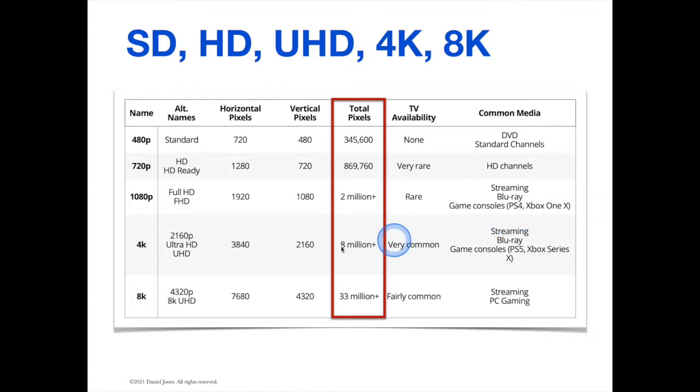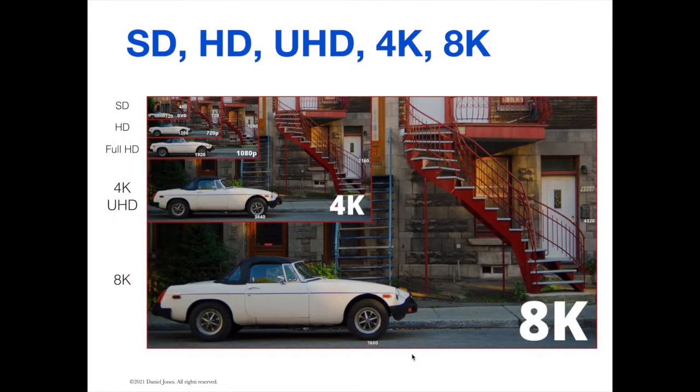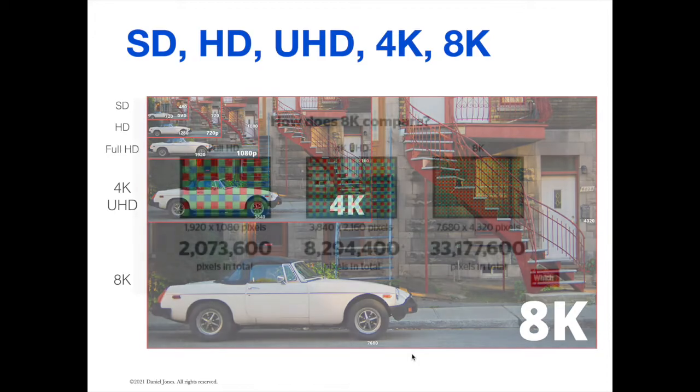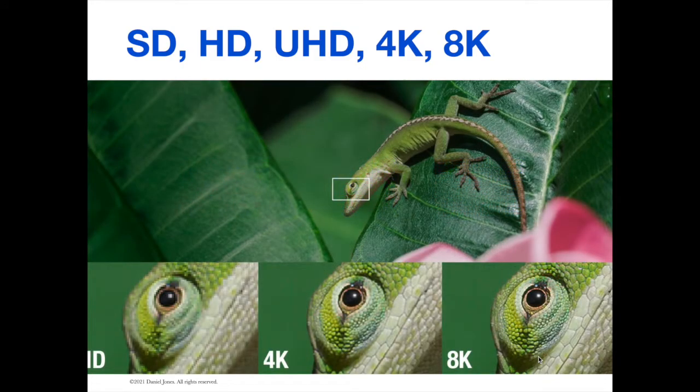So as we get into the 4K range, 8 million, and now with 8K television, 33 million plus pixels. So we get a very crisp picture. This chart also does a good job of explaining the cleaner, clearer image with the more pixels that you have. HD, 4K, and 8K.